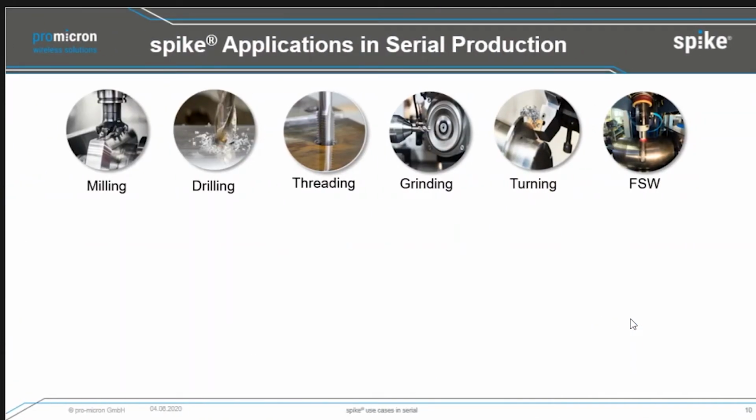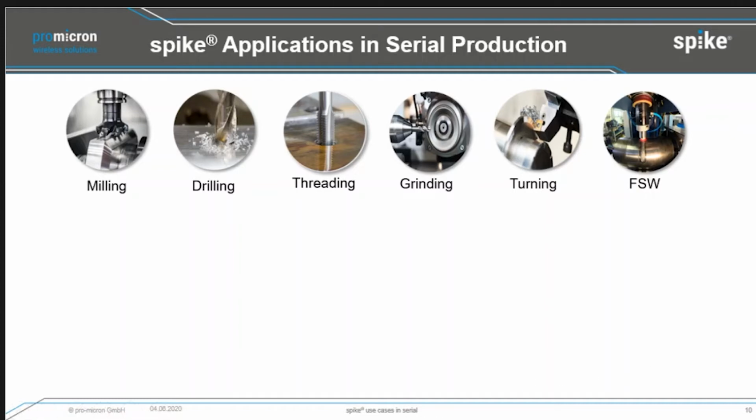Now, where can you use Spike in serial production, or where is it already in use? Of course, we have the common operations of milling, drilling, threading, but also grinding, turning, and FSW are thinkable.